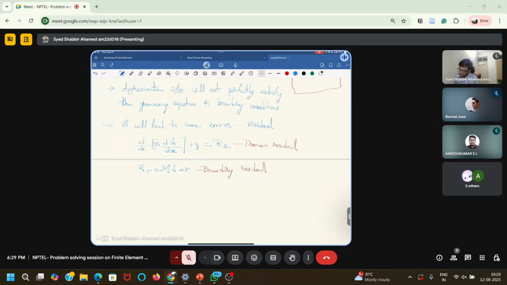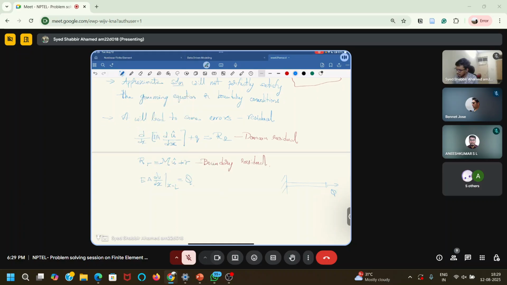If you have some kind of force Q at the end of a bar, you can write it as EA times du/dx at x equals L is equal to Q. If you substitute u cap here, this becomes EA du cap/dx minus Q at x equals L, which is not equal to 0, but has some kind of error.